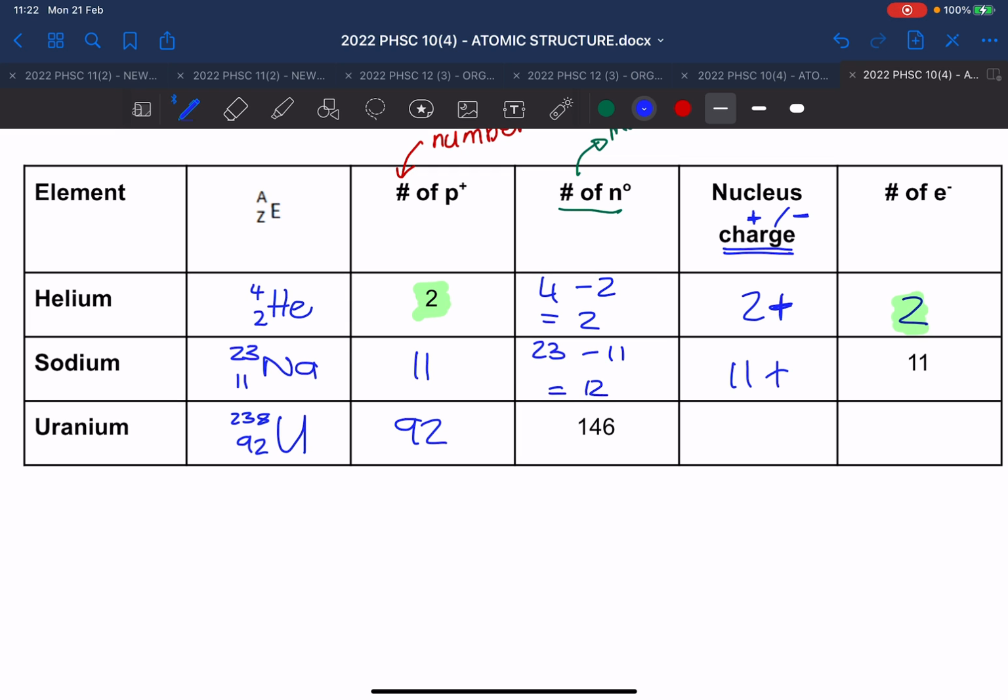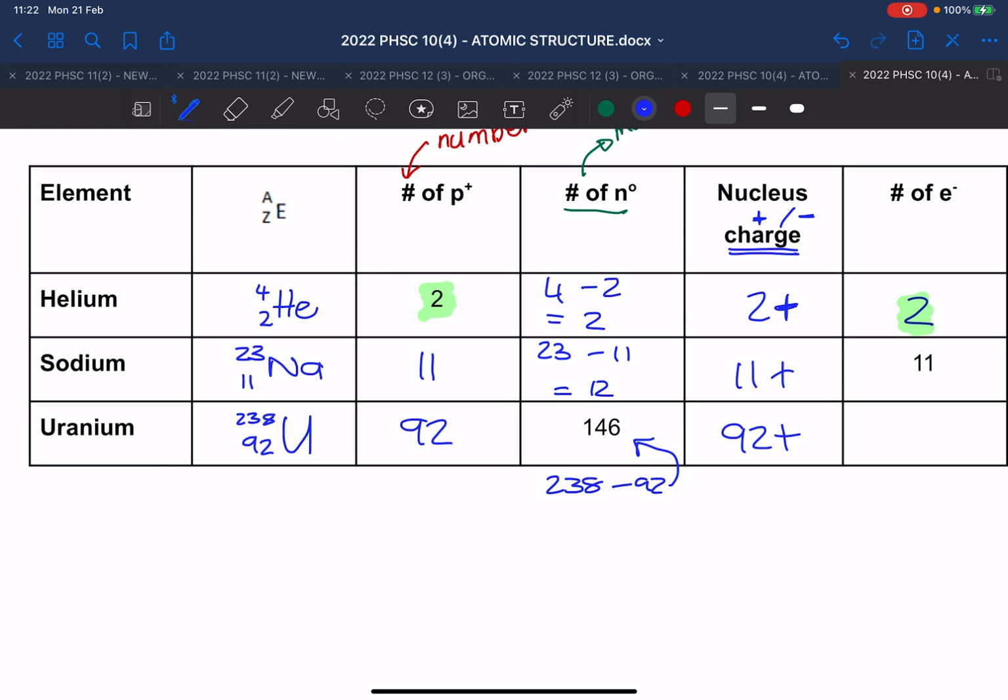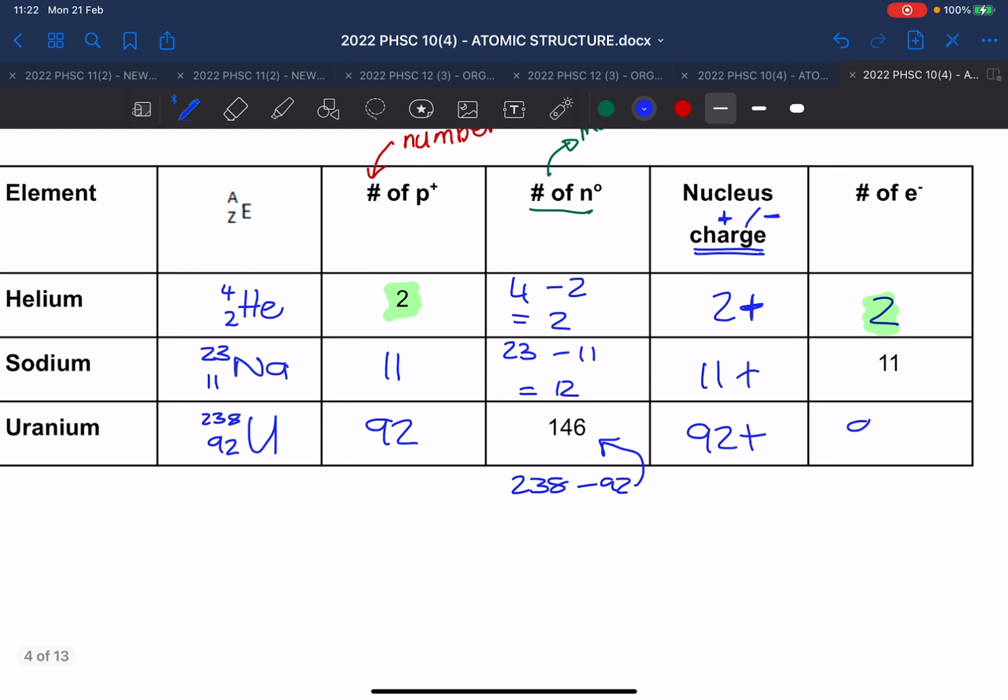How did we get to 146 neutrons? Yes, you said 238 minus 92. That's how we got that. Then what will be the nucleus charge? Yes. And how many electrons? 92.